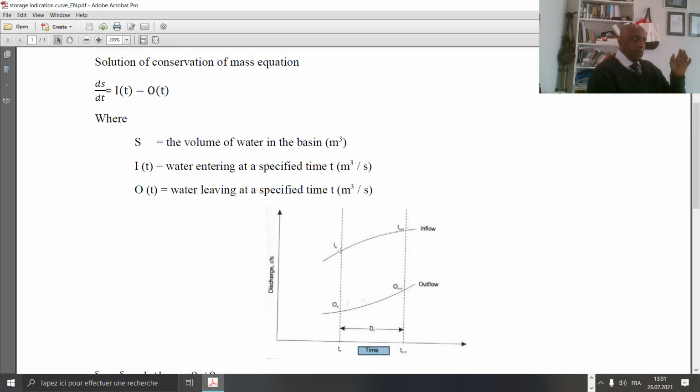Then you can see this is the inflow hydrograph, that is the coming flow. Then this is the outflow hydrograph.